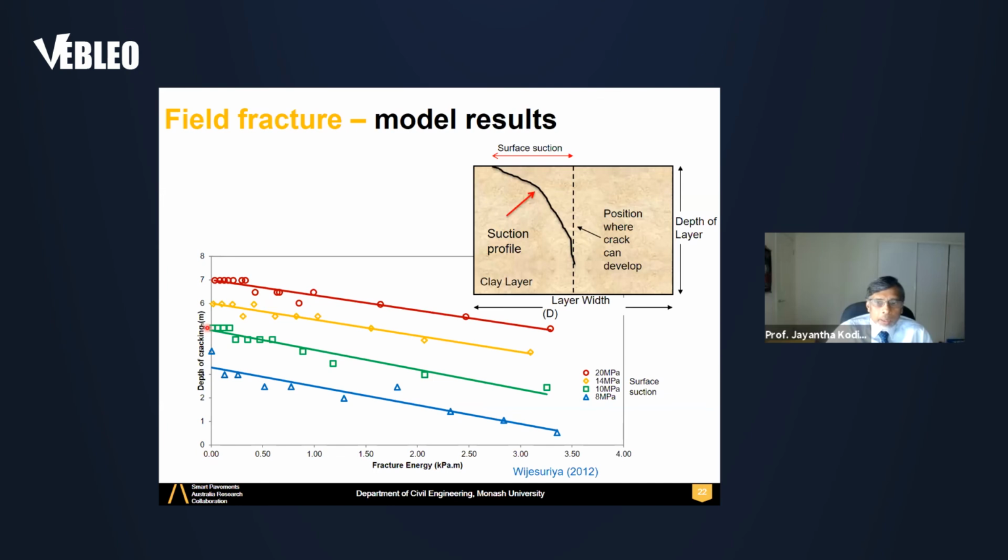If you have 10, you get higher, close to 3. And if you have even higher, the crack depth will go up. But if you have fracture energy incorporated, your crack depth will decrease based on the amount of fracture energy. So as you can see, the influence of fracture energy is also clear.